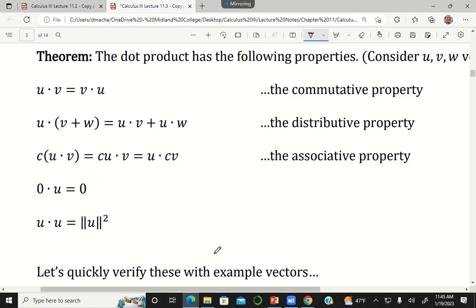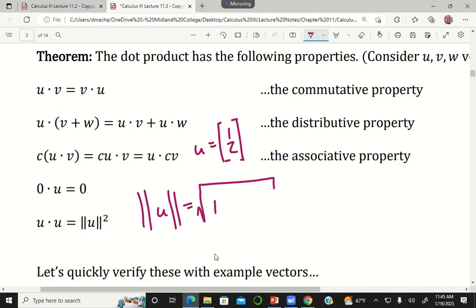And you'll notice what we did for the norm of a vector, like if I take the norm of u, and let's say that u is the vector 1, 2. The norm of u is just the square root of 1 squared plus 2 squared, right? And so if I did u dot u, that would be 1 times 1 plus 2 times 2, because I'm dotting the vector with itself.